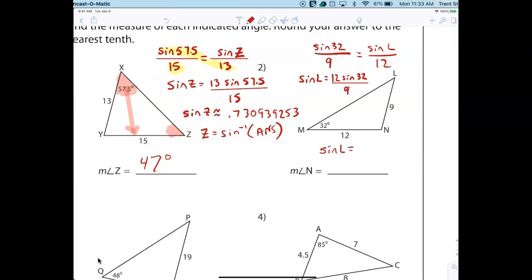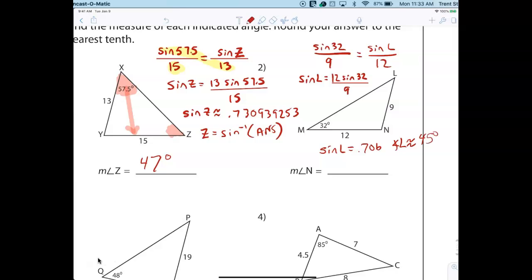So sine of L is equal to 0.706. So now to find L, I have to do inverse sine. So angle L is roughly what? 45 degrees. Yes.